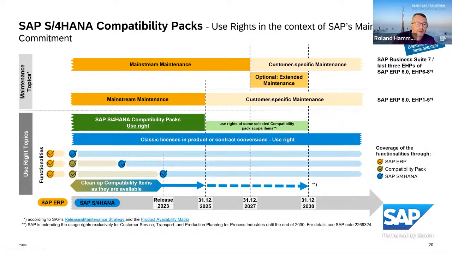So what does it really mean when you now plan to migrate to SAP S/4HANA, or you're on S/4HANA? We've seen there are some compatibility scope items where an alternative solution is already available in S/4HANA, and you can either migrate directly to that functionality while you do a system conversion, or your migration to SAP S/4HANA, or if you're already on S/4HANA, you can immediately do a migration project for this one.